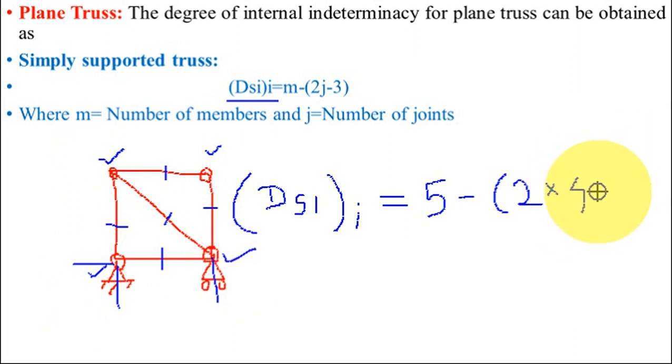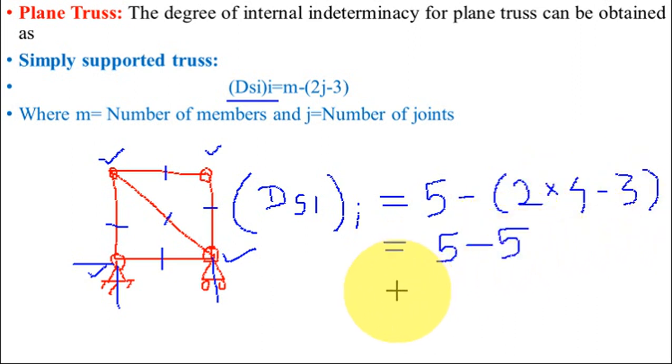So 5 minus 4 into 2, 8, minus 3 is 5 minus 5, and hence the result is 0, and therefore the given truss is internally determinate as well as externally determinate. It is internally determinate because it satisfies the equation m minus 2j minus 3.